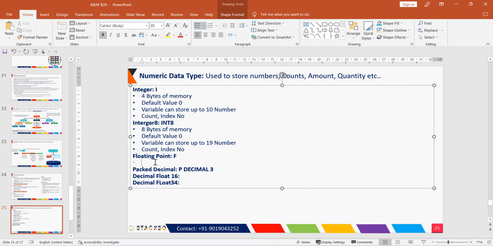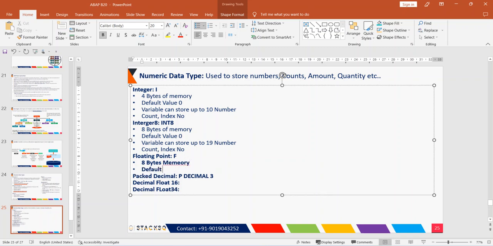Okay. The next one is floating point. This data type is actually replaced by the decimal float. But let's understand. It occupies 8 bytes of memory and the default value is 0 and then 16 zeros, then E and plus 0 0. What is this? I'll explain it to you. We will see that in the system.